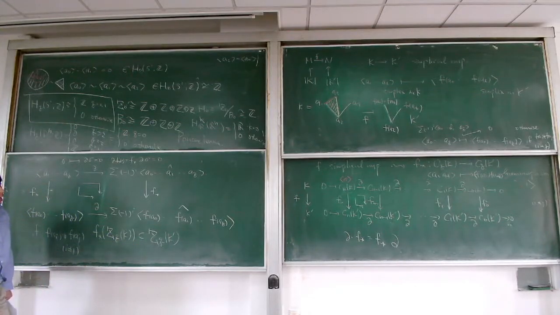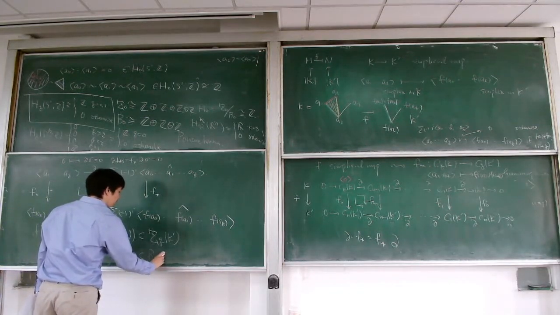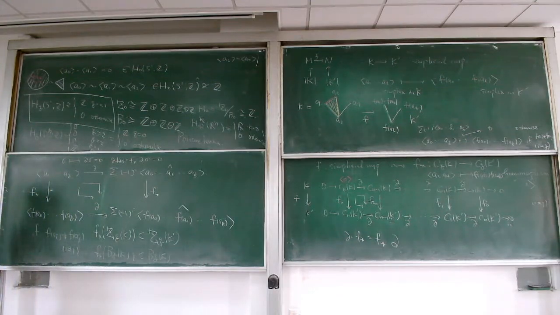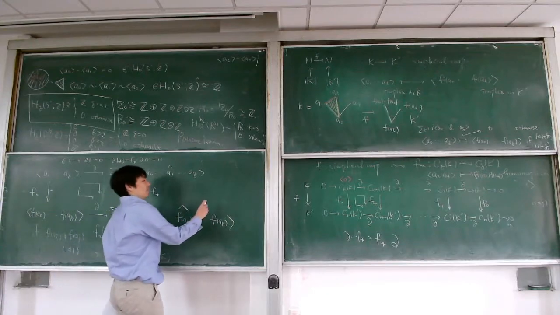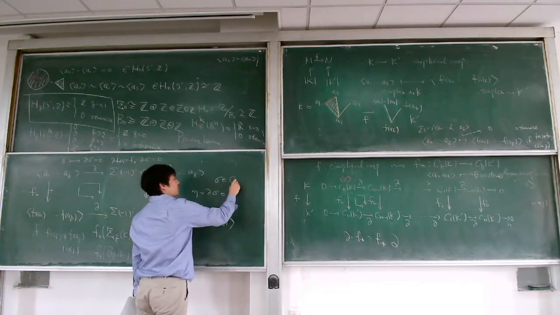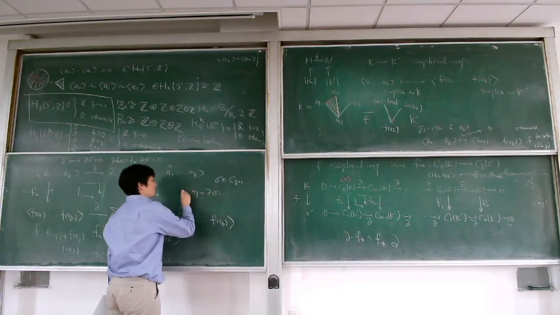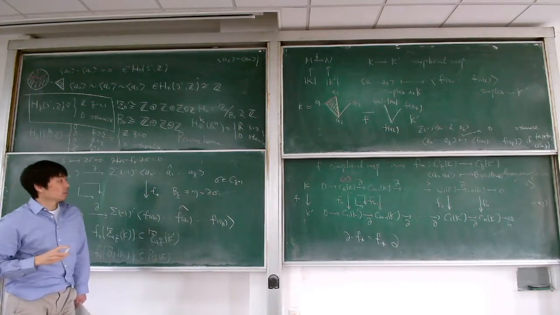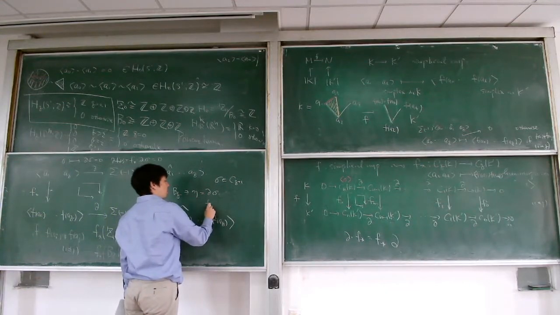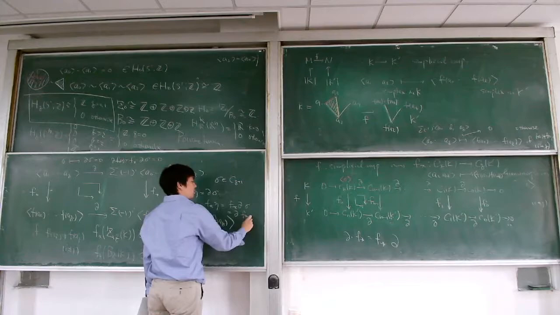The similar thing will happen for boundaries: F star maps BQ of K into BQ of K prime. Since sigma is in CQ plus 1, and the boundary is in BQ, F star of the boundary of sigma can be written as the boundary of F star sigma.